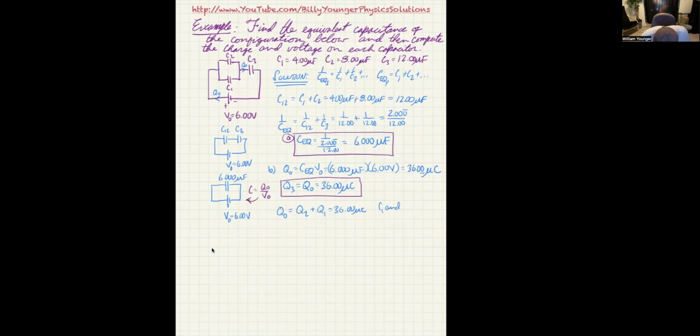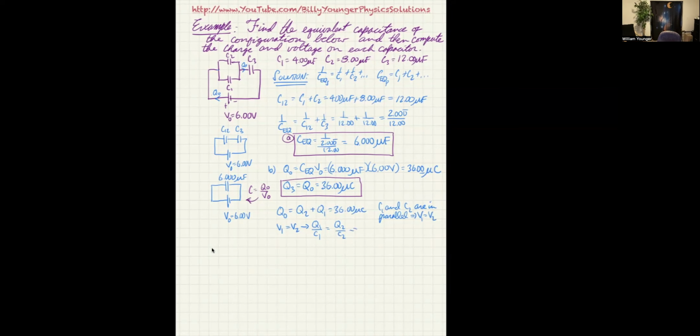Now, the other thing we know is that C1 and C2 are in parallel, and that implies V1 is equal to V2. So using our C equals Q over V, we can say that V1 is equal to V2, but that's going to become Q1 over C1 is equal to Q2 over C2, like that.